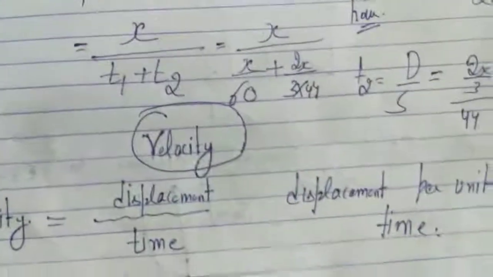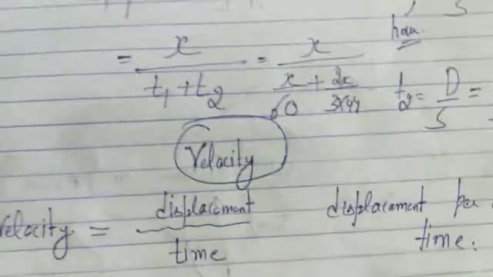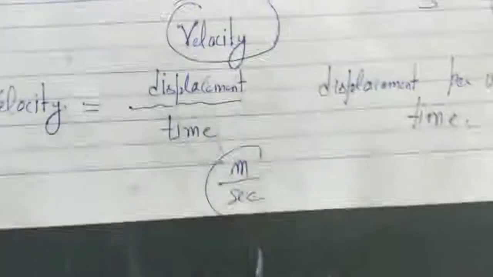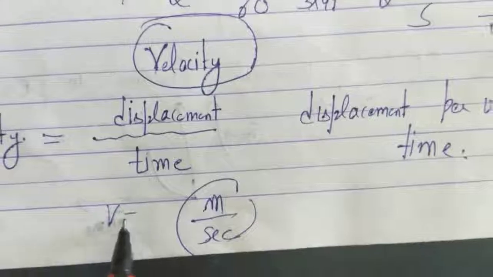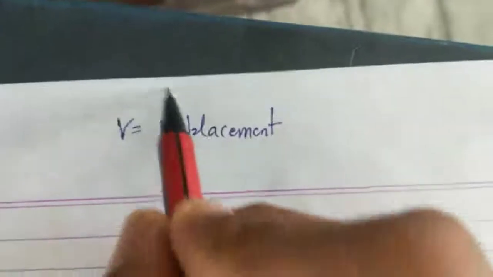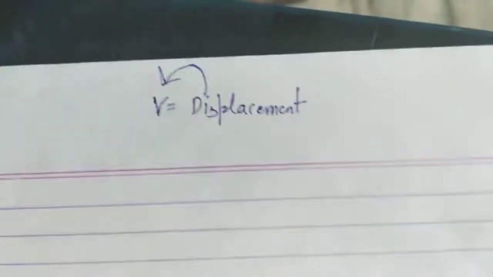Displacement is in meter and time is in second, so the unit of velocity is meter per second. Velocity is equal to displacement upon time. Displacement is a vector quantity, so velocity is also a vector quantity.